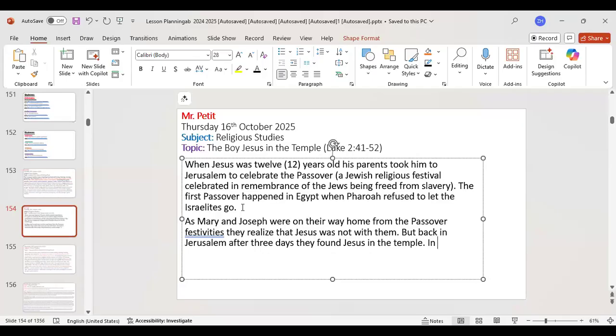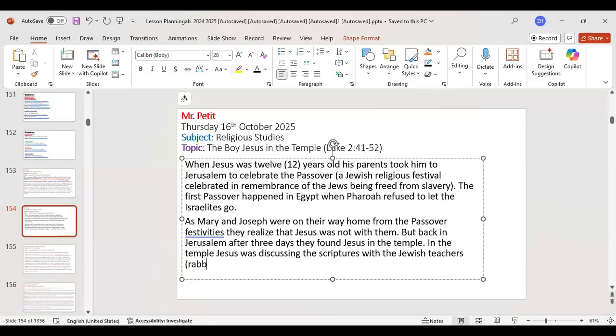In the temple, Jesus was discussing the scriptures, because that's the only thing that was there, the Old Testament, with the Jewish leaders, the rabbis, as teachers.